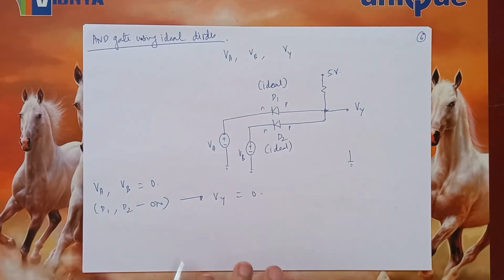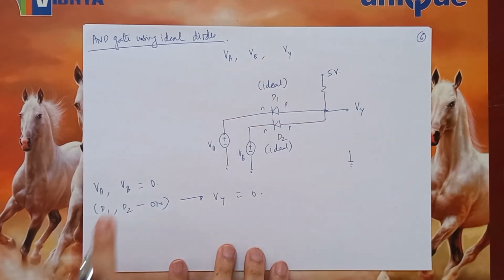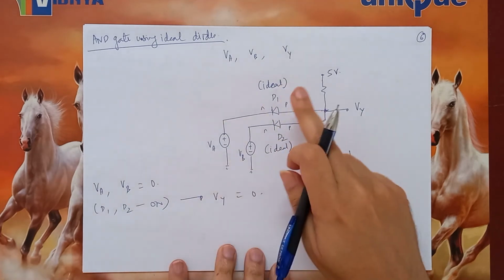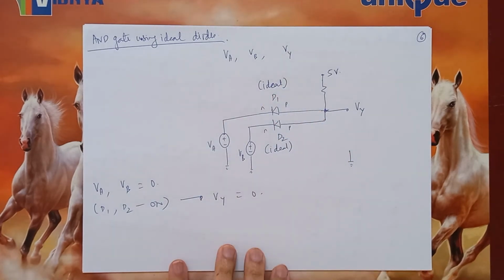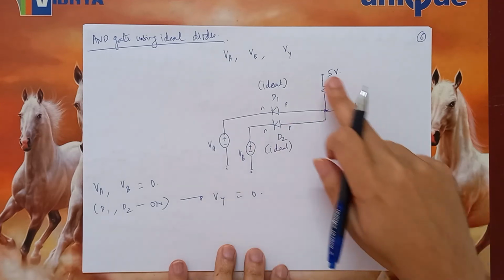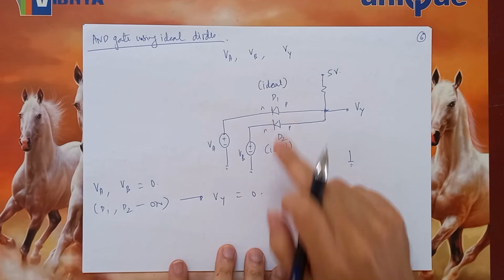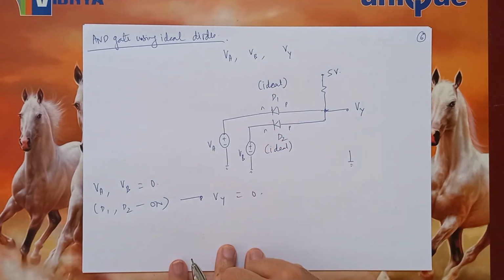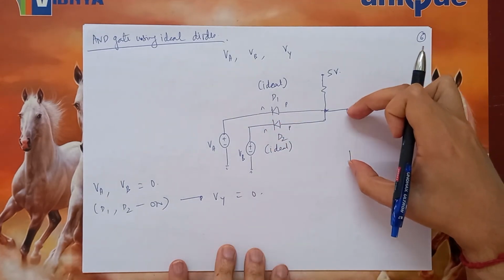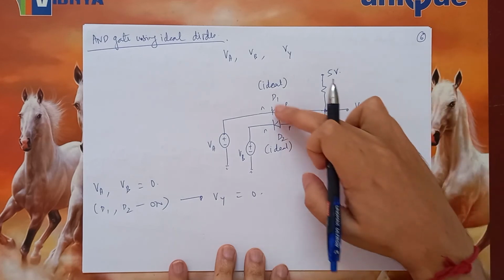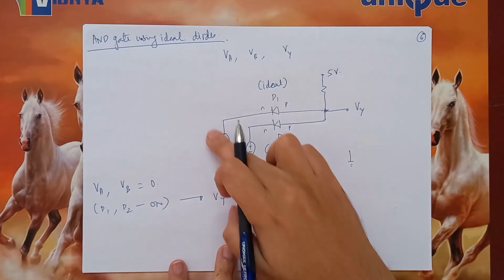Just to repeat, when both VA and VB are 0, both diodes are forward biased and current will flow. Ideal diodes have 0 built-in voltage. So therefore the VY at this terminal and ground will only see the diode voltages, and these are anyway 0.